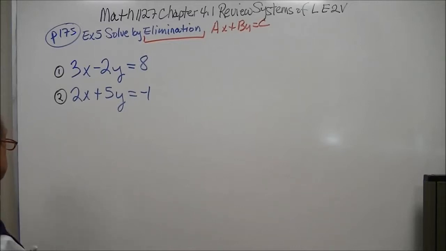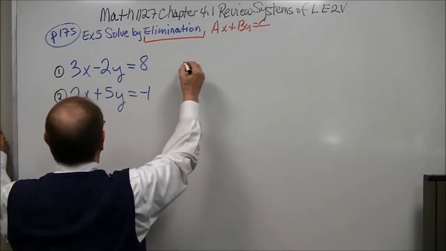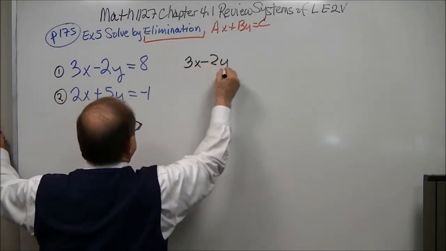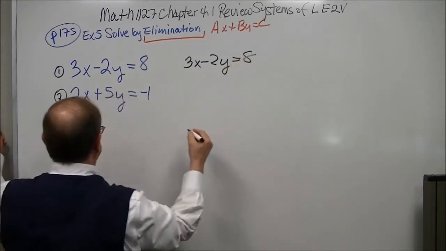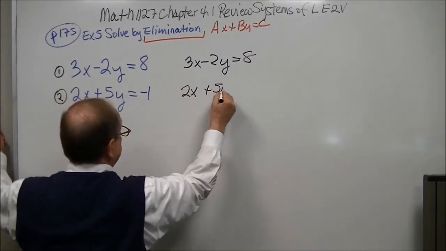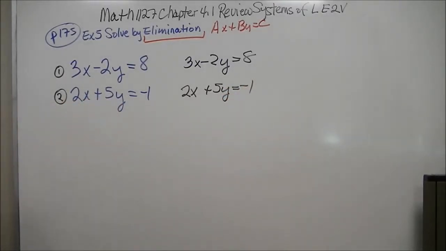So our basic technique is to write the equations. We'll keep the original ones right there. So this will be 3x minus 2y equals 8. And this is 2x plus 5y equals a negative 1. Now, we want to do as little as possible, but we want to be successful.